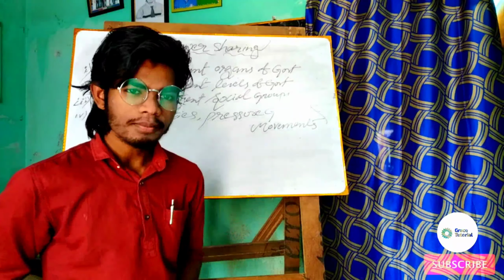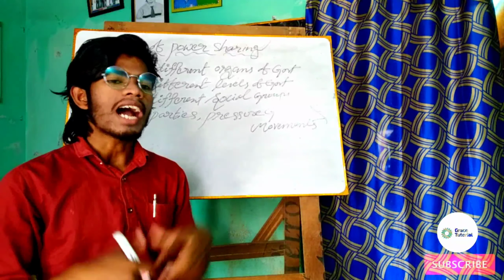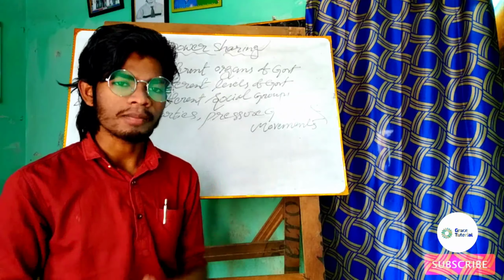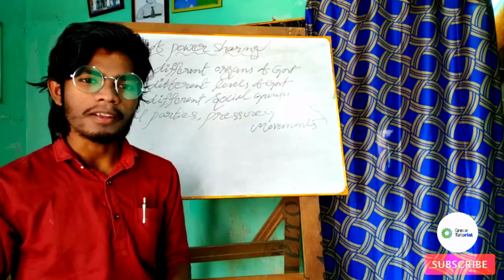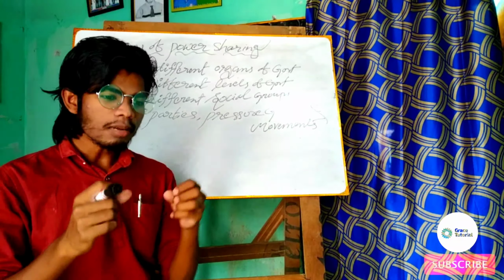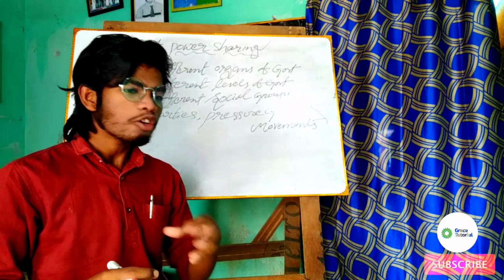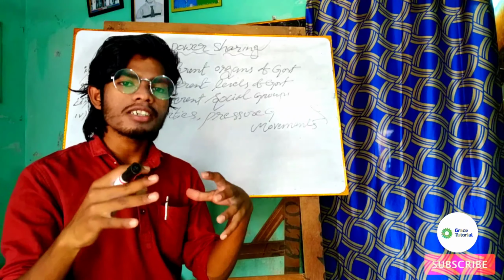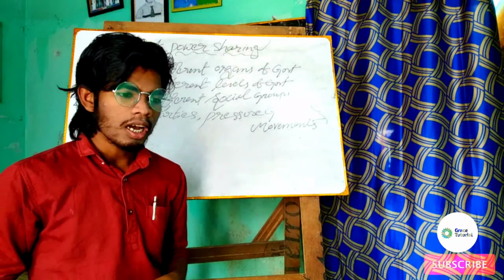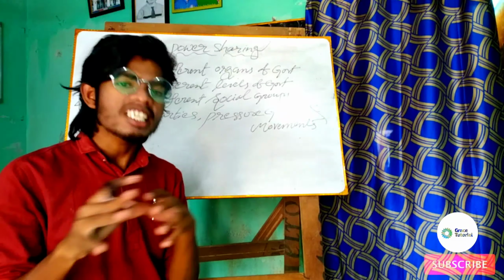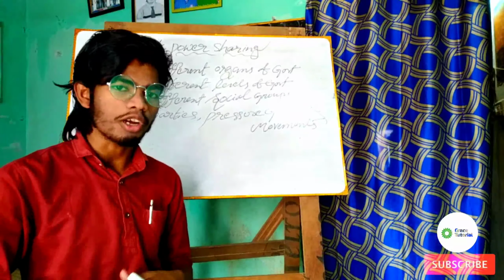Welcome to today's lesson, and in this video lecture I will be explaining the different forms of power sharing. What are the different forms of power sharing? Let me give you a brief idea of power sharing. I had already explained in the first part of this session what is meant by power sharing.